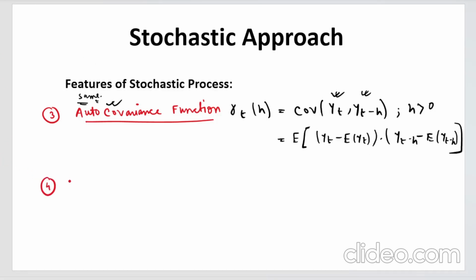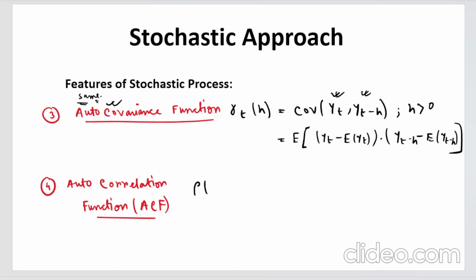And the fourth and final property that we'll discuss is the autocorrelation function, or what we call the ACF. This autocorrelation function comes from the autocovariance function only.